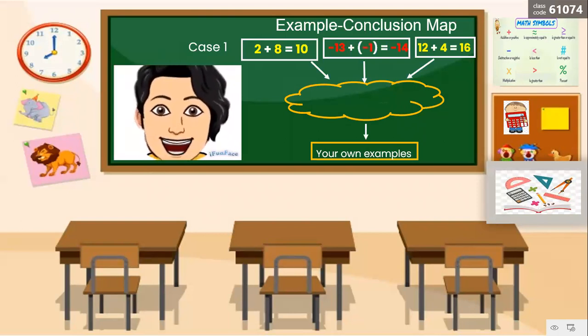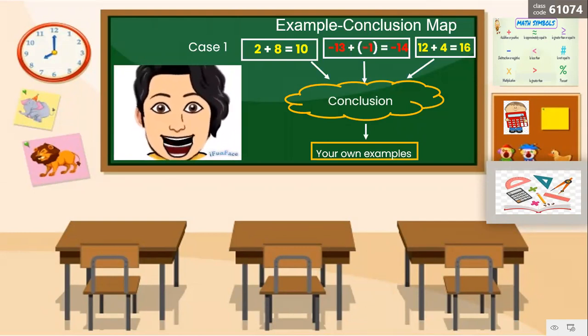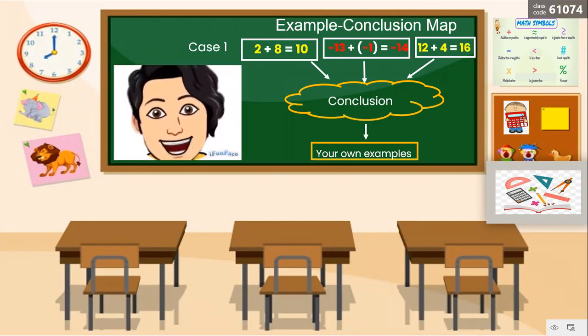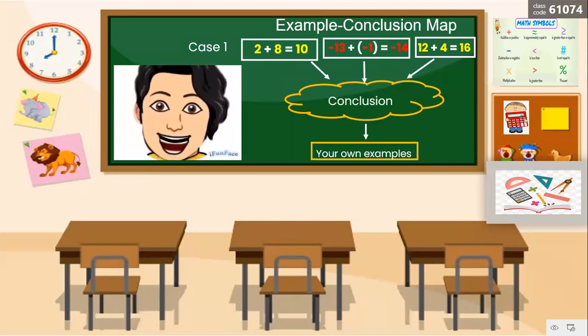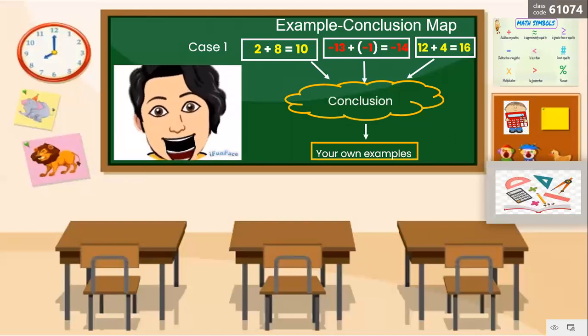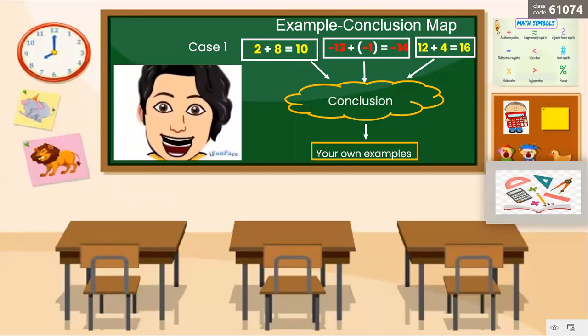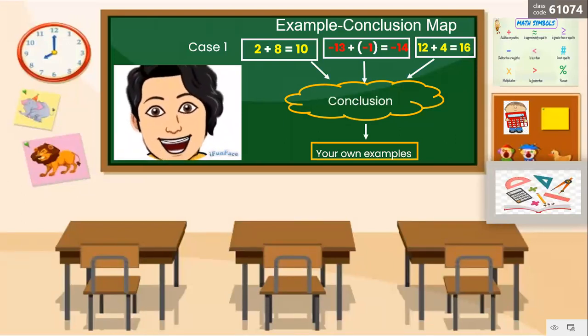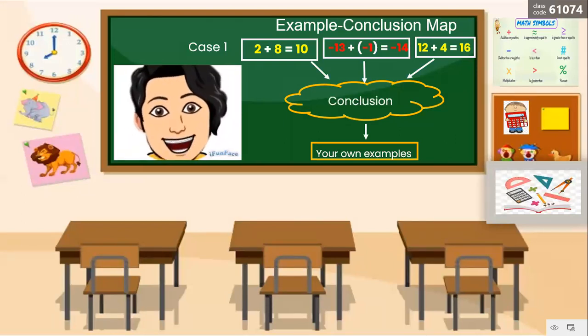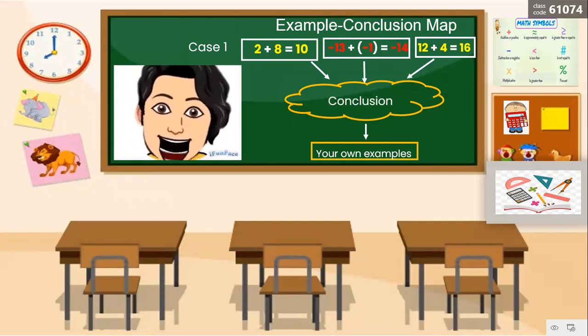In the second example, we have negative 13 added to a negative 1 equals negative 14. In the third example, we have positive 12 added to a positive 4 equals positive 16. Now, from these 3 examples, you will observe the pattern and investigate for you to generate the conclusion to represent the rule in adding integers. Are you ready? Okay.